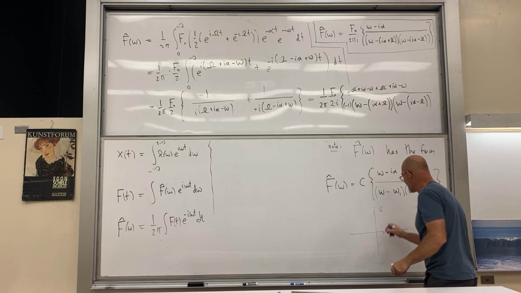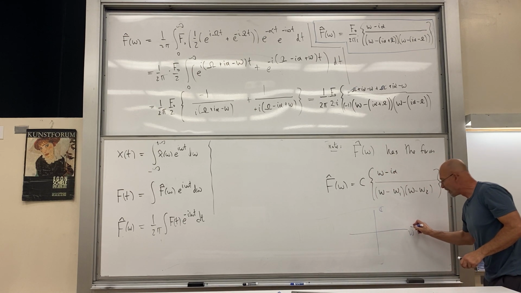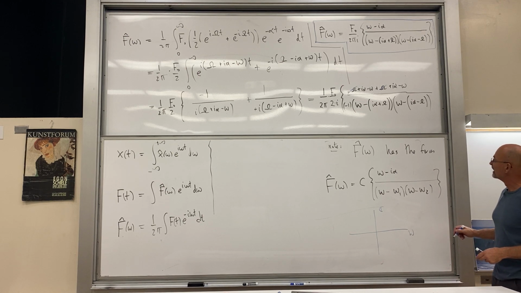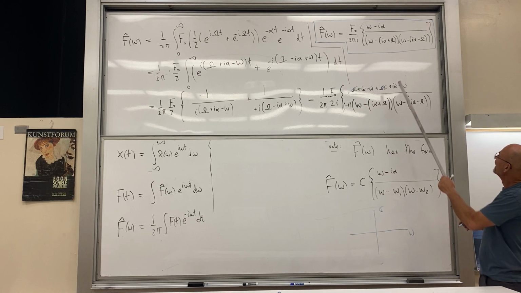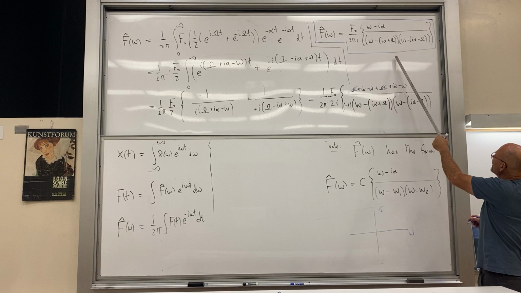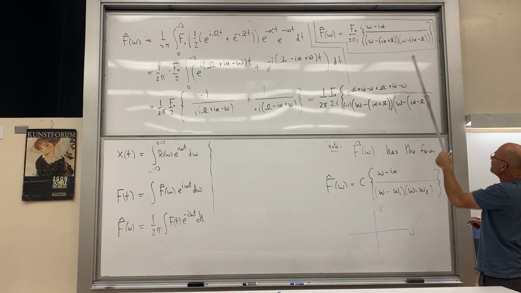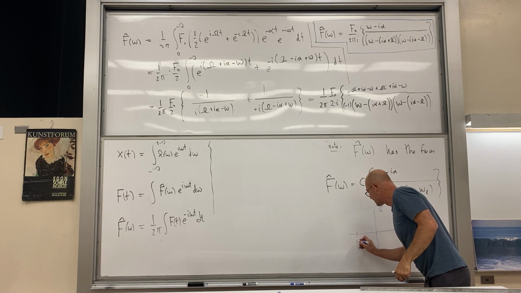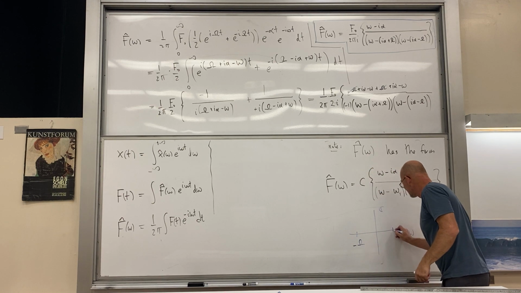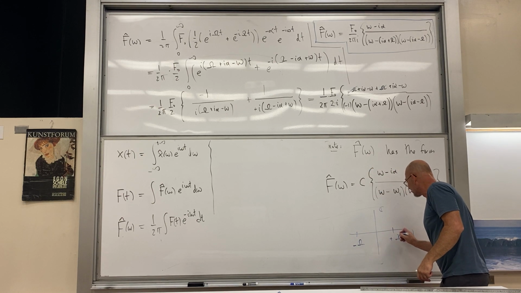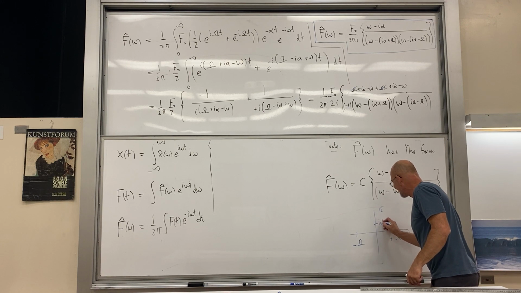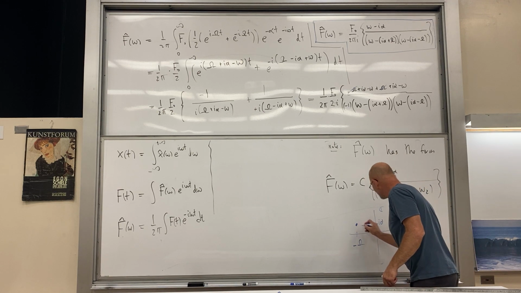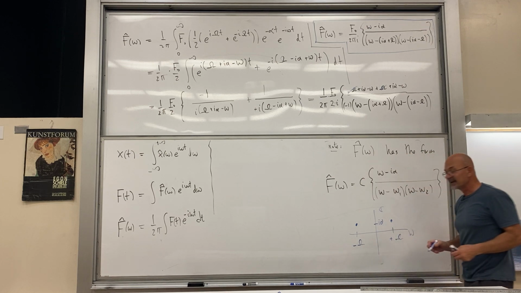So here's our complex plane. This is our omega axis instead of z. So we have one at i alpha plus omega and one at i alpha minus omega. So this would be minus omega, this would be positive omega, this would be i alpha. So yeah, we have poles right here and right there.